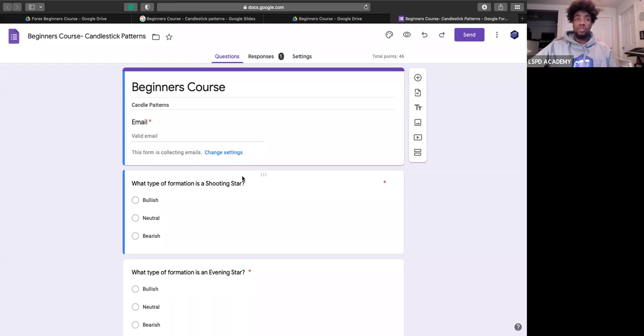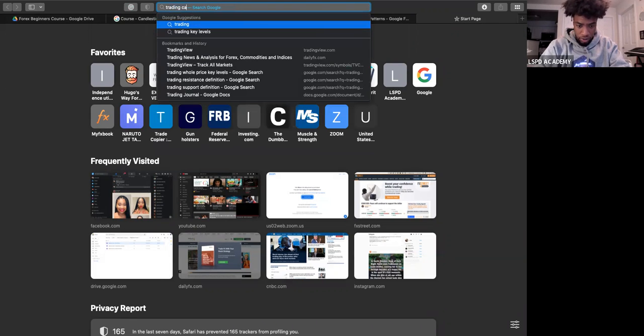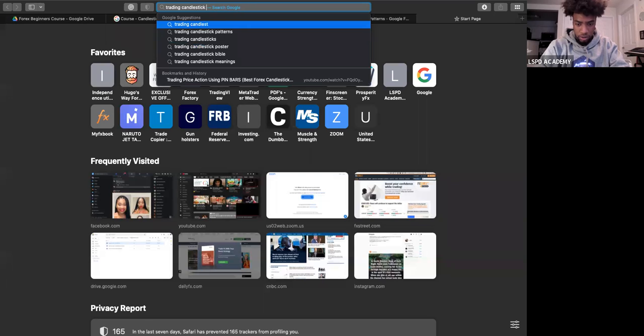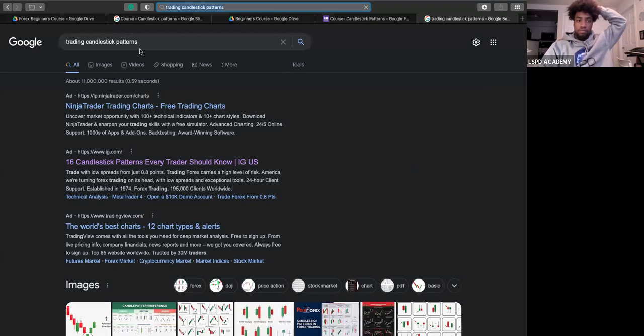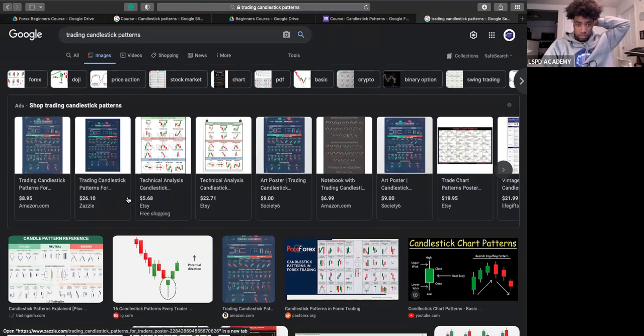If you're in the Discord, somewhere within the helpful info, there's a picture of a chart of different candlesticks. And it's as simple as Googling, like simply going to Google, Googling trading candlestick images, right?